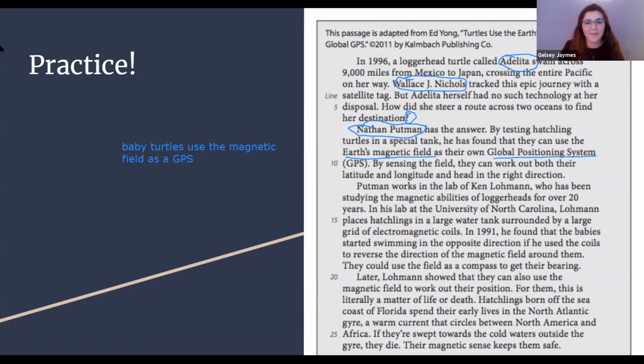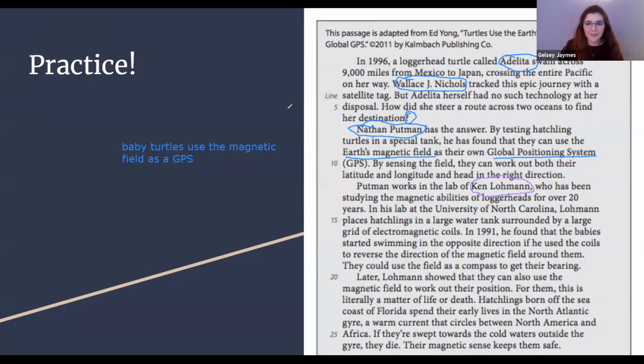Does anyone want to shout out some ideas of what we might want to circle or underline for this paragraph? Another option could be if you all want to annotate the screen, you could highlight or select things. Yes, thank you, Rachel. That is great. Another key name we need to be aware of.